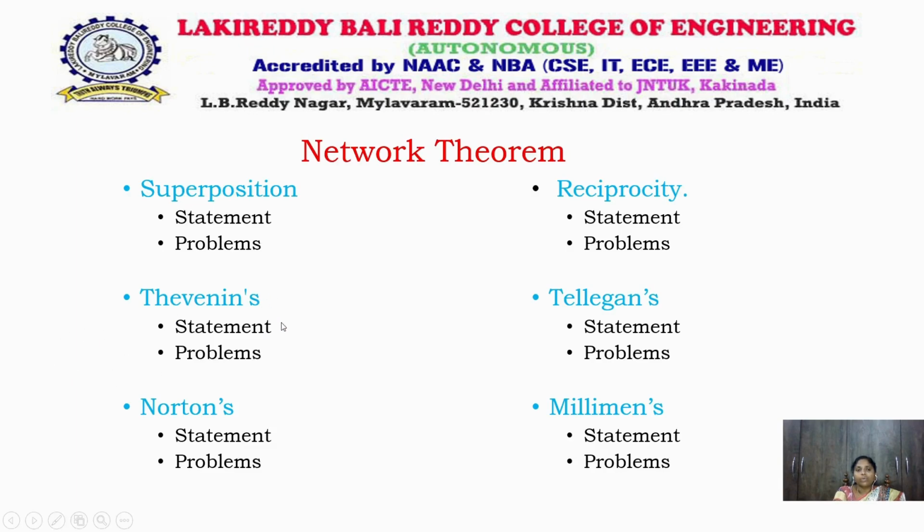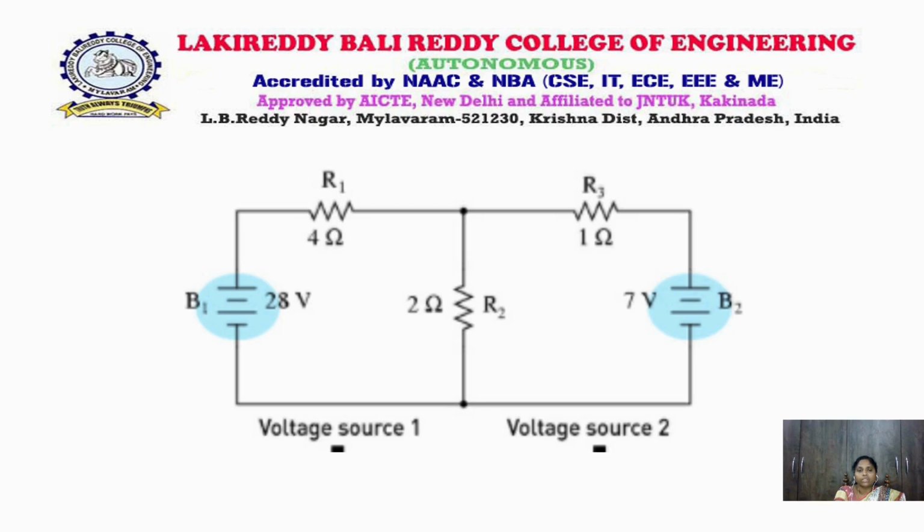Here we are going to discuss one of the network theorems. There are many network theorems available, but here we are going to discuss only one particular theorem, the superposition theorem. Now look here.